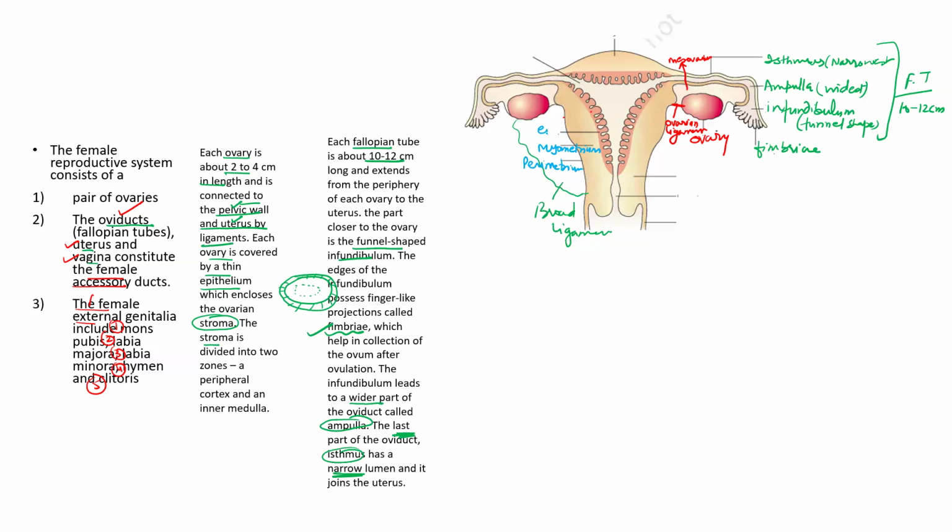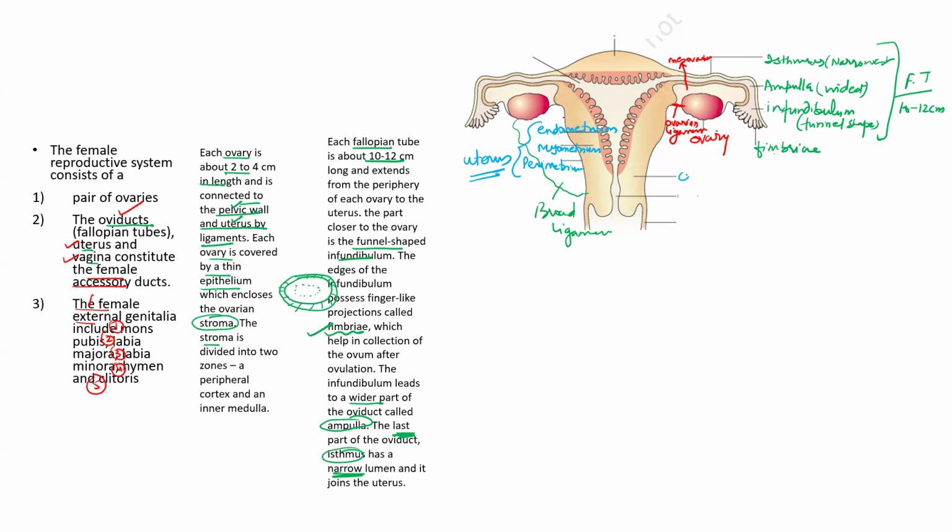And the innermost is the endometrium, which lies inside the muscular layer and undergoes cyclic changes during the menstrual cycle. So these are the three layers of the uterus, which is single and inverted pear-like. Clear?